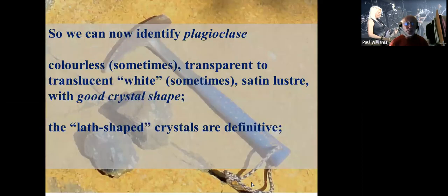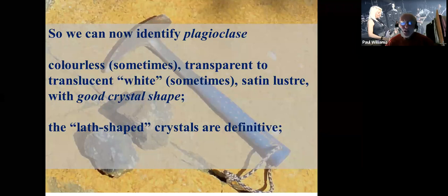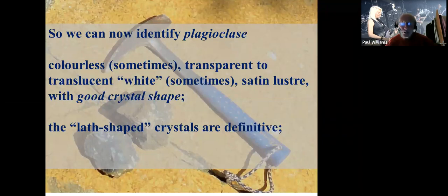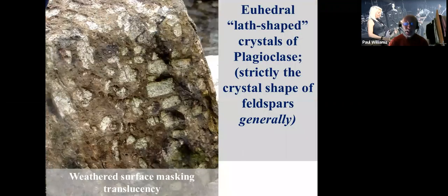Now let's carry on. What can we do? Well, we can now identify plagioclase. It's colorless, often, sometimes, transparent, definitely transparent. But if it's weathered, it can be slightly less translucent. It can be slightly white sometimes, but it's got a satin luster and it's got this good crystal shape. And these, what we call lath-shaped crystals, are definitive. Here we've got some lovely crystals in this rock specimen.